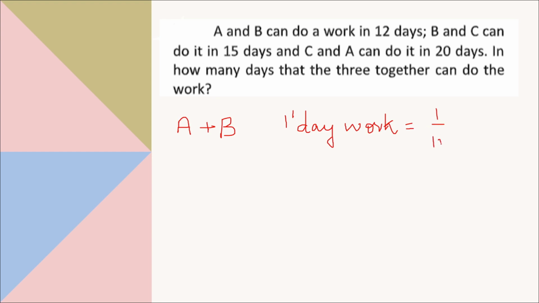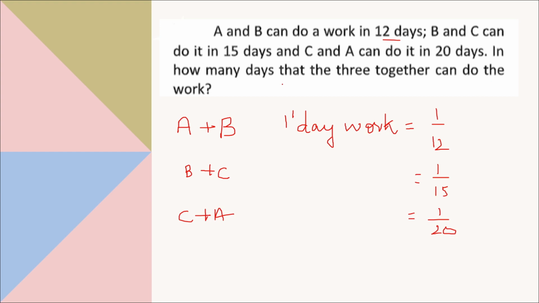We have seen with the formula 1 upon n, so n is nothing but 12 in this case, right? Okay, then B and C are working together: 1 upon 15, right? And the next one is C and A working together. In one day, how much is the work done? It will be 1 upon 20, right?